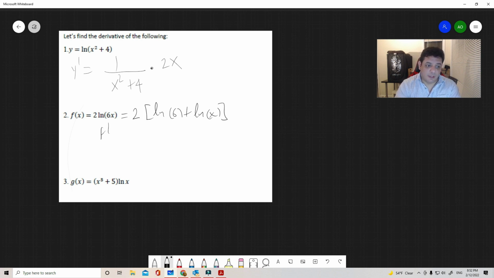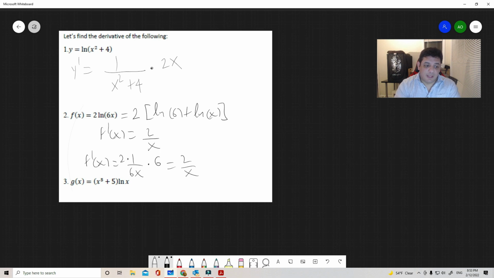If we calculate the derivative that way, we get 2 over x. We also can do it by chain rule: we get 1 over 6x times 2, and then times 6, the derivative of 6x, and that's going to be the same thing, 2 over x.